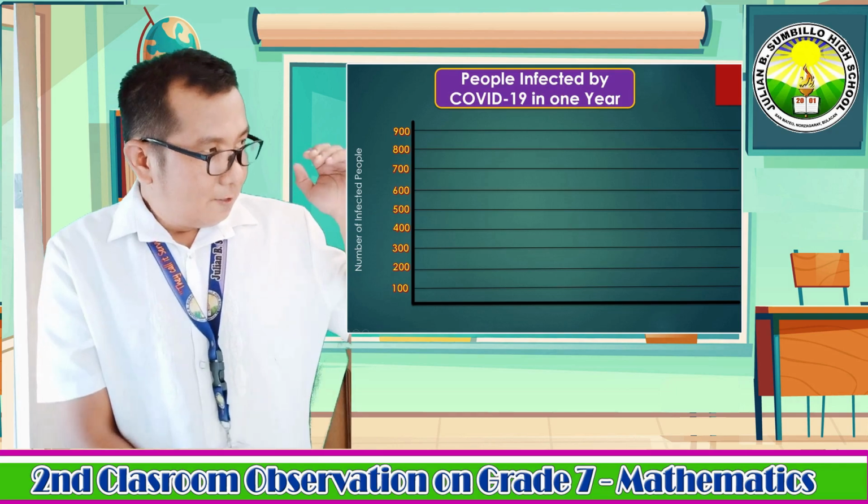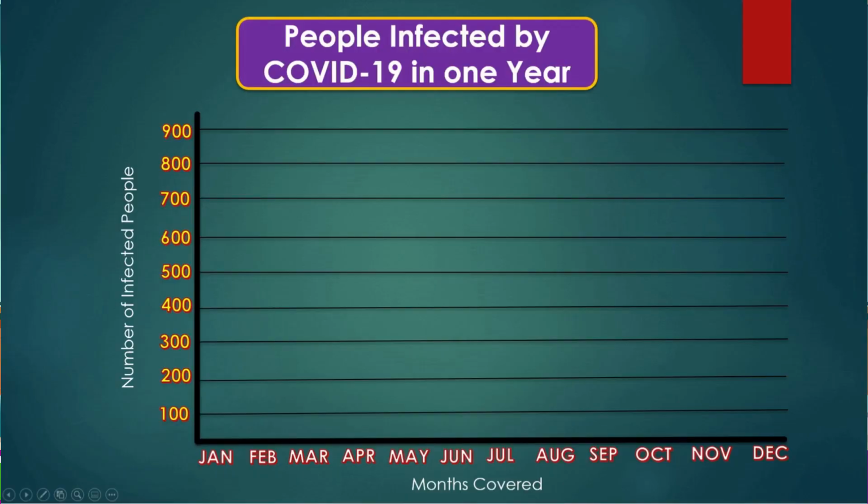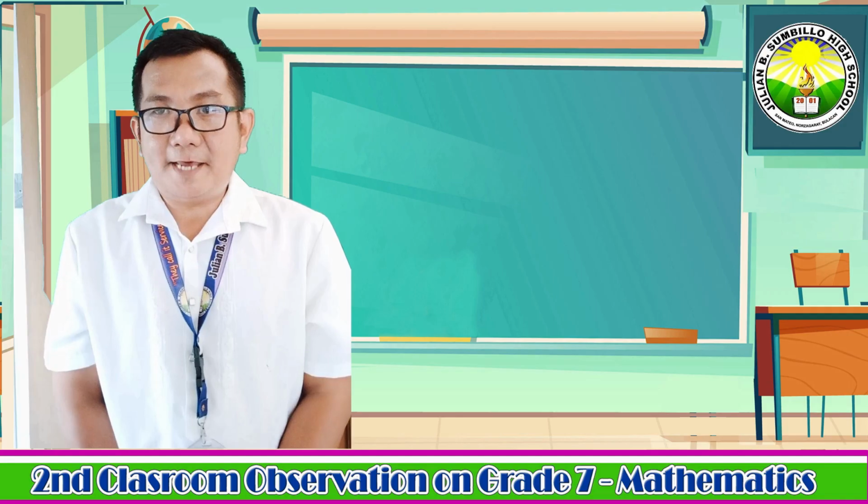And on the horizontal line, you will plot the months when the people were infected. So from January, February, March, April, May, June, July, August, September, October, November till December. Example here, we have data.